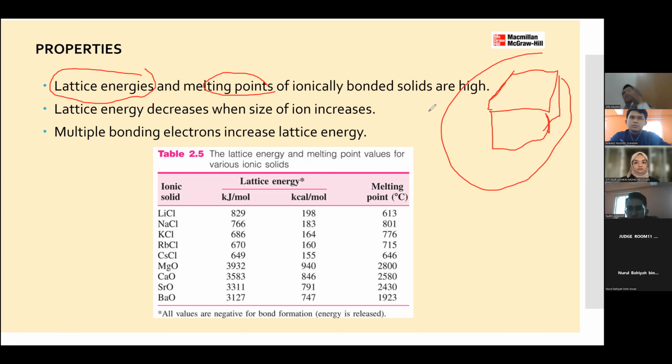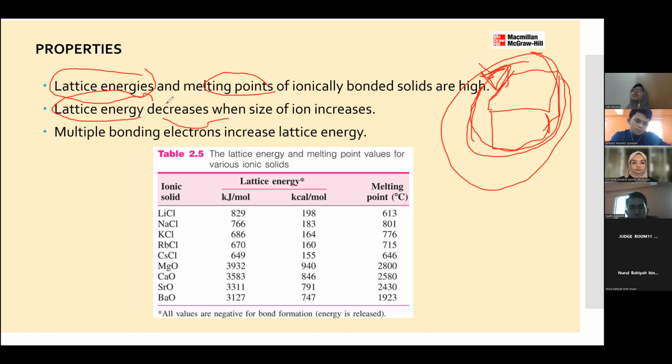Why? Because to melt this ionic solid, we require high energy to break the bond, because the arrangement, the structure, is a crystal. And lattice energy decreases when the size of the ion increases.